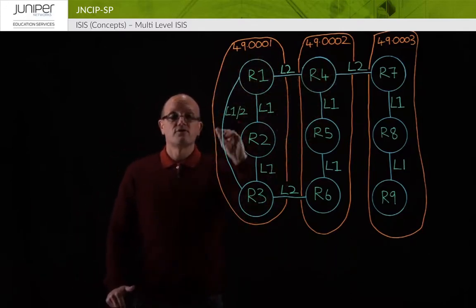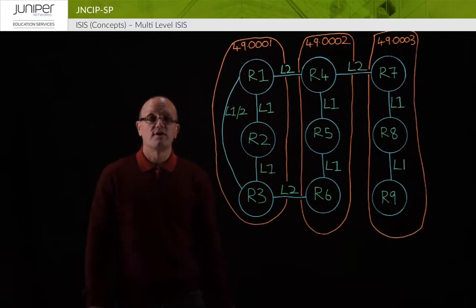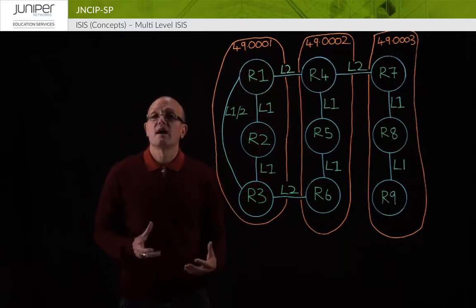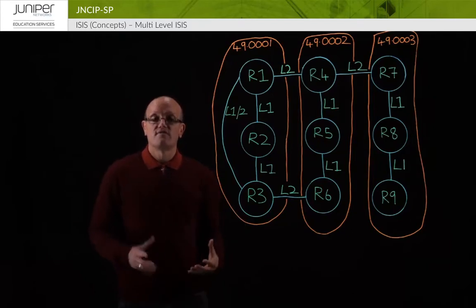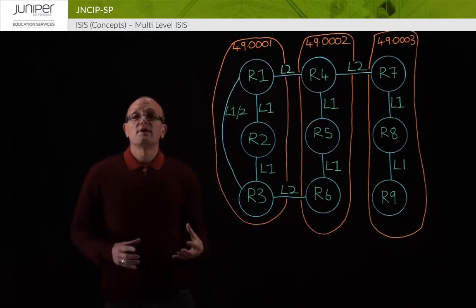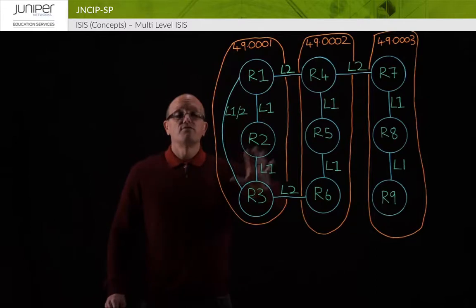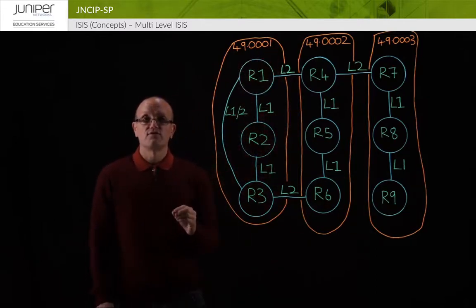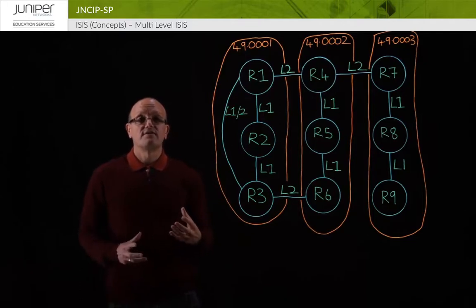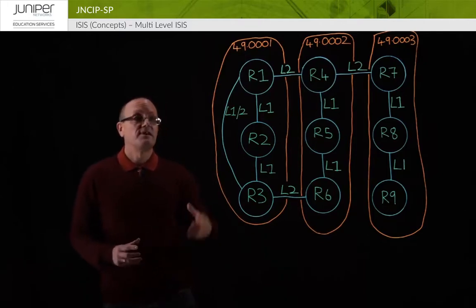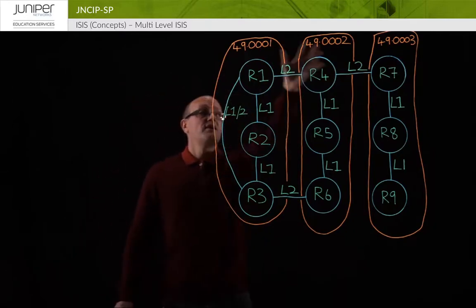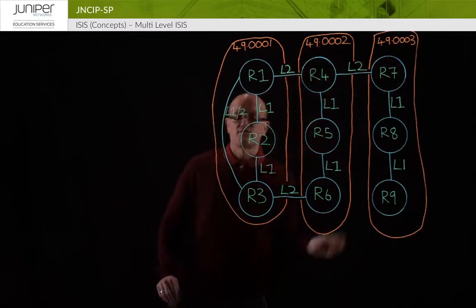This is what's called a level 1, level 2 router, and it's performing the role loosely equivalent to an ABR in OSPF terminology. And so we have our level 1 routing information arriving at level 1, level 2 routers, being advertised in level 2 link state PDUs across those level 2 adjacencies into other areas and across the network.